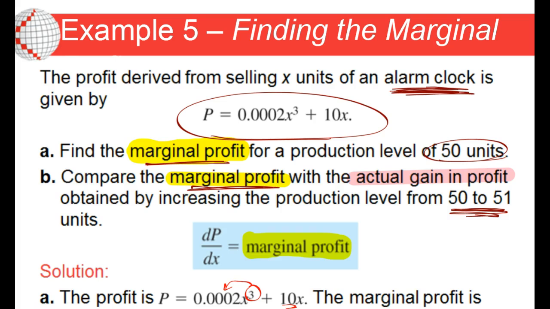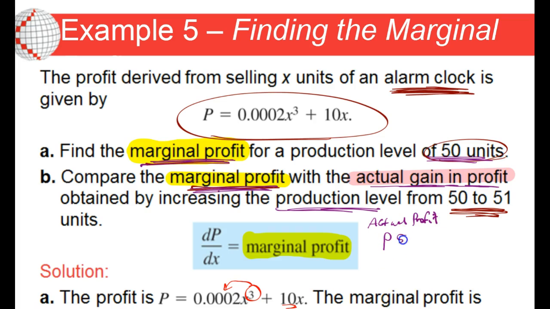So there was a second part to this. Now, the first part just said find the marginal profit for 50 units. Part B says compare the marginal profit with the actual gain in the profit obtained by increasing the production level from 50 to 51. So what's happening here is now we're going to look at the actual profit. So instead of looking at the derivative, we'll just look at the actual profit and compare the profit at 50.